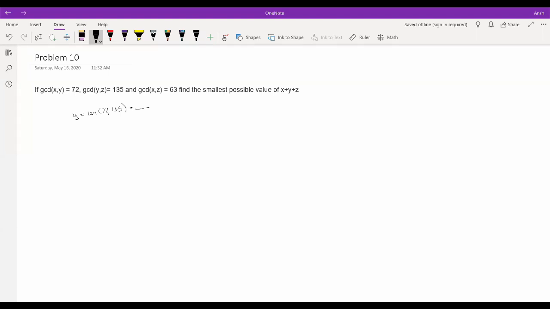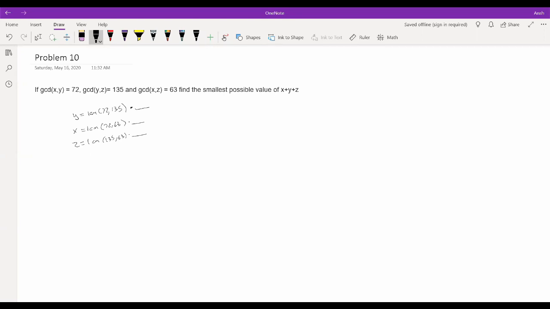So we can continue this with x. x is some multiple of the LCM of 72 and 63. And then z is the LCM of 135 and 63 times some constant, right? So obviously, if we want to minimize the possible values of x plus y plus z, we want to find the smallest possible values of x, y, and z.